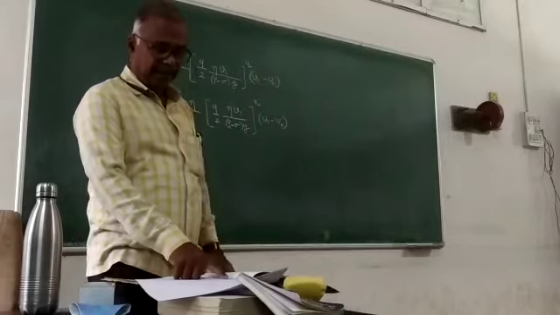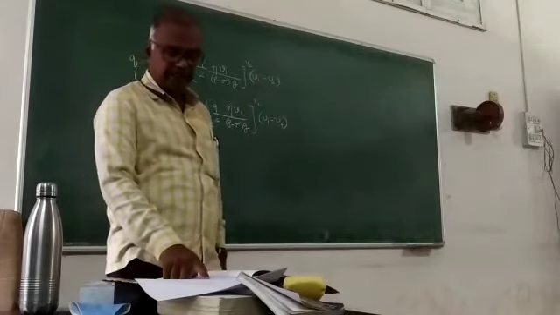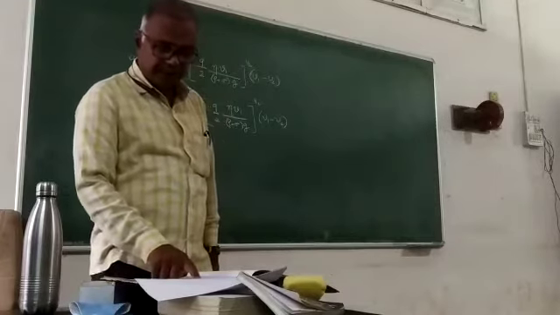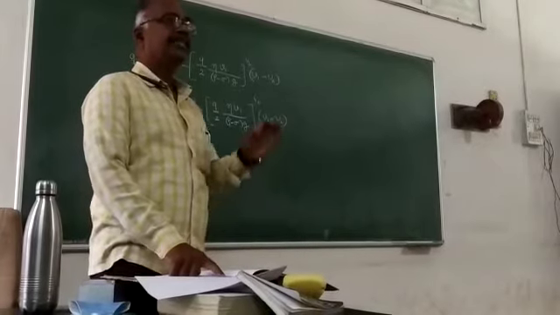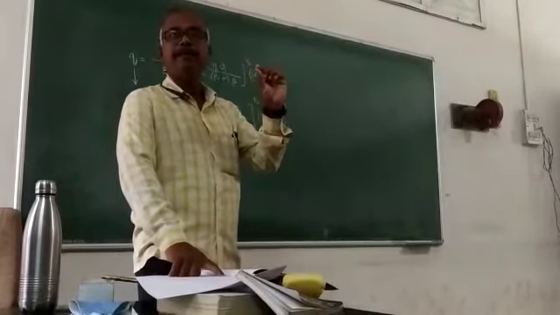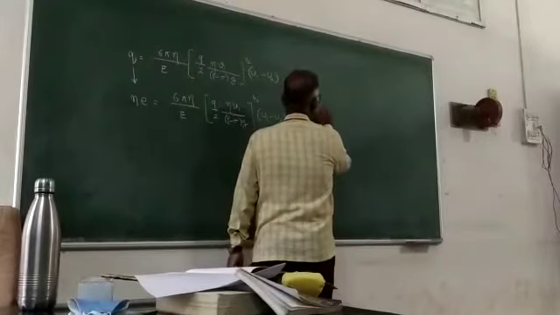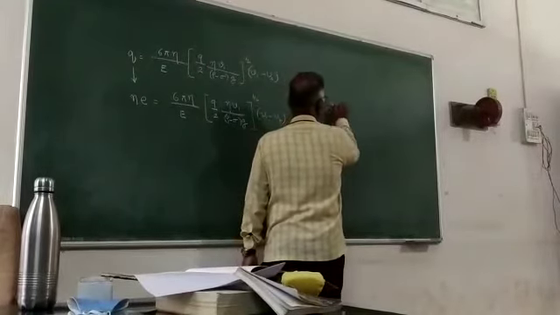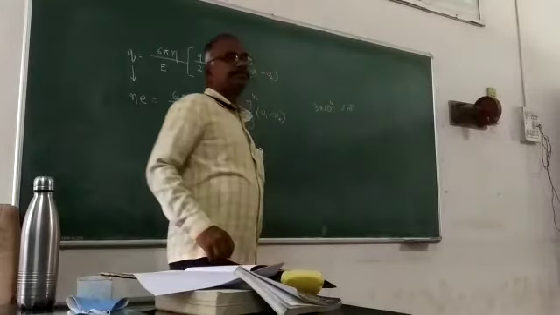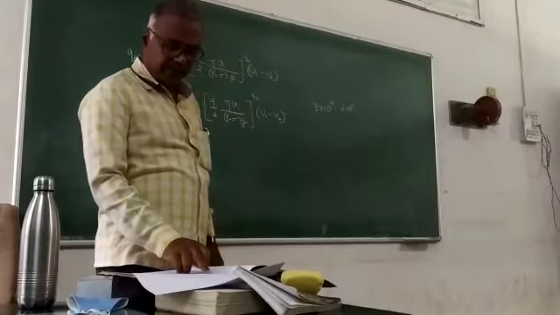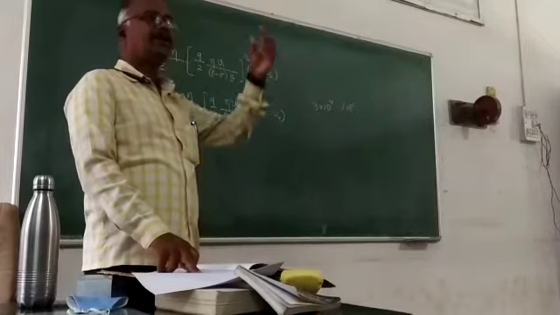I repeat, a charged oil drop of mass 9.75 into 10 raised to minus 15 kg is suspended in a uniform electric field of 3 into 10 raised to 4 volts per meter, so that it neither rises nor falls.